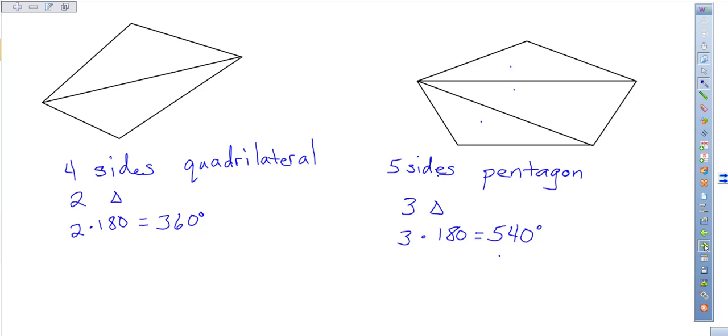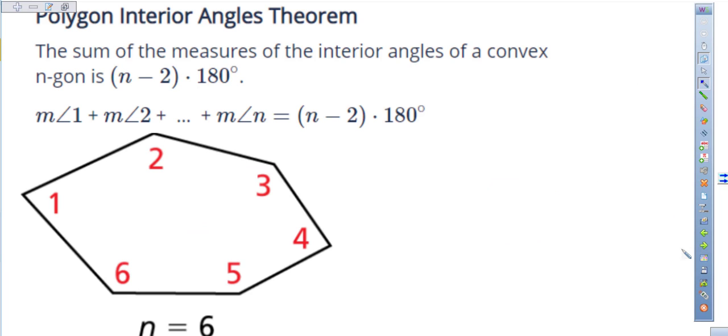That equation is this: the sum of the measures of the interior angles of a convex n-gon, so whatever shape it is, however many sides, n sides, our rule is going to be n minus 2, where n is the number of sides, and then times 180.